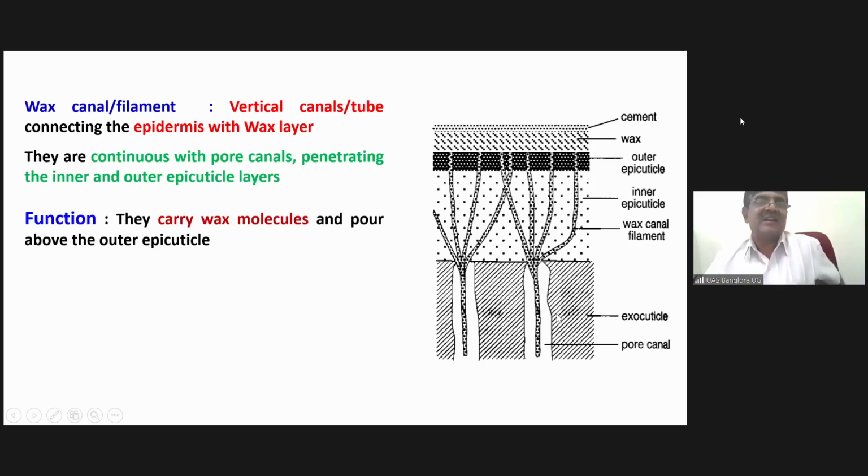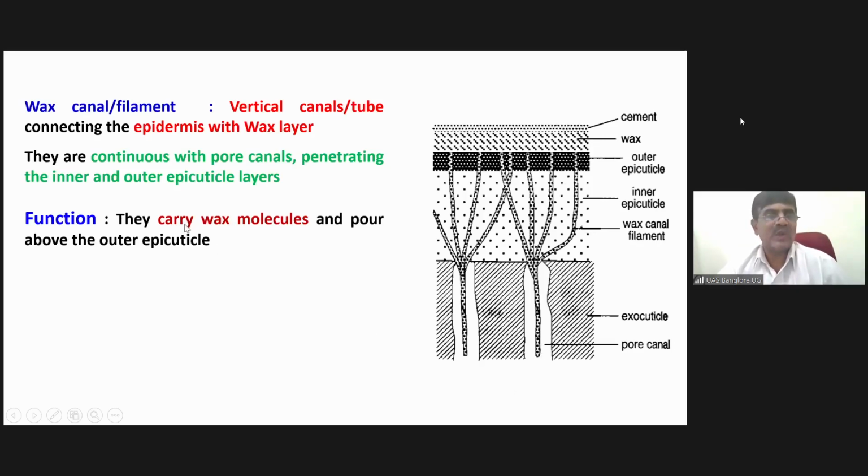These wax canal filaments are the vertical tubes connecting the epidermis with the wax layer. So they connect the underside of the epidermis with the wax layer. As I told you, they are continuous with the pore canals and they penetrate into the inner epicuticular layer.